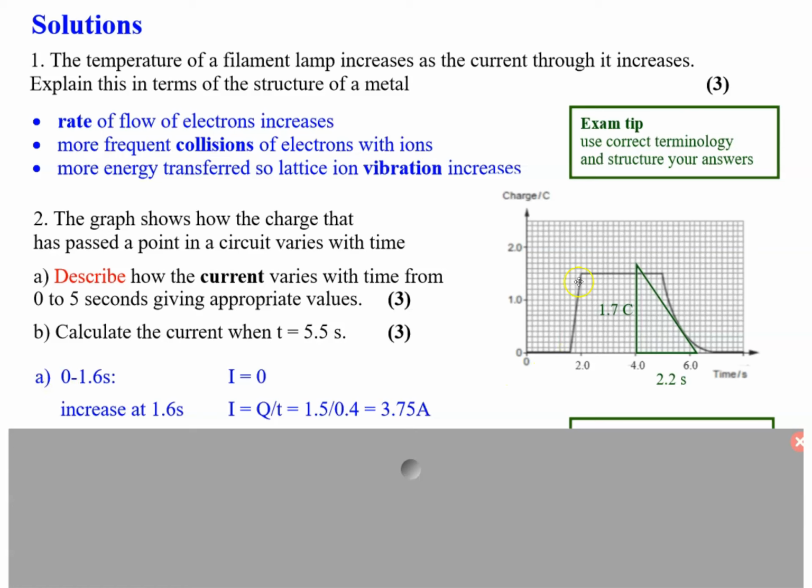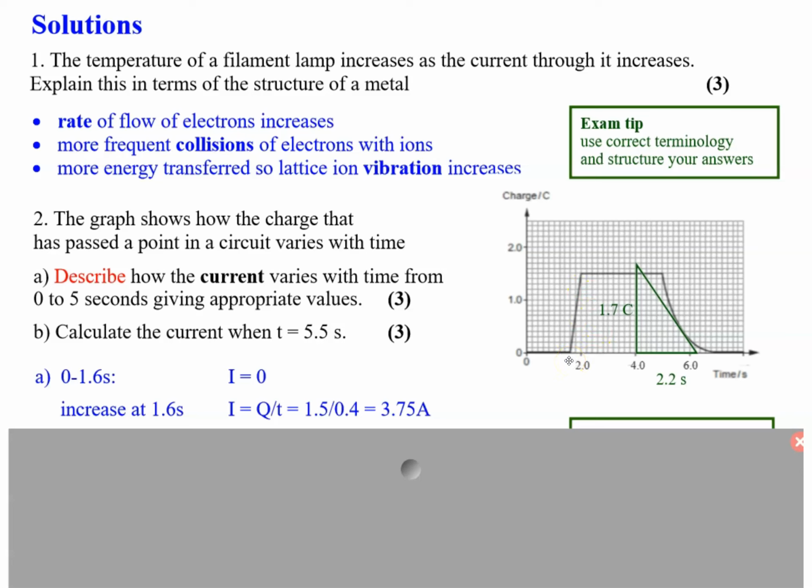And this is a constant gradient. Calculation of gradient is a really key idea throughout physics A level, and we need to understand not only how to do it, but what the gradient represents. If I work out the gradient anywhere on this graph, I would be dividing the vertical by the horizontal. The vertical is charge, the horizontal is time.